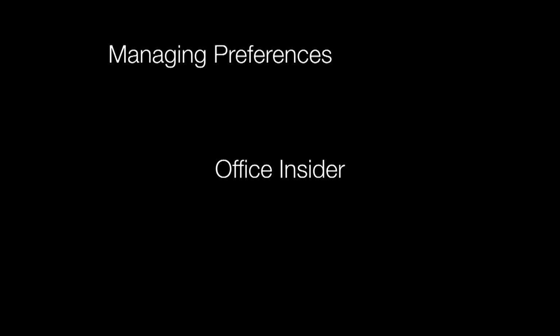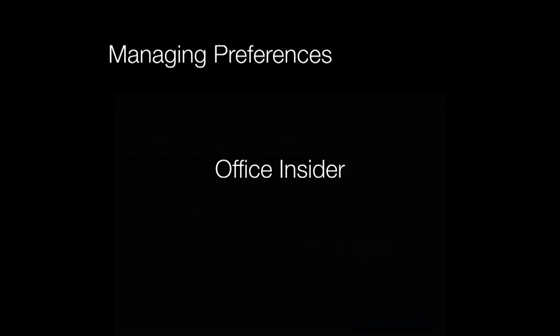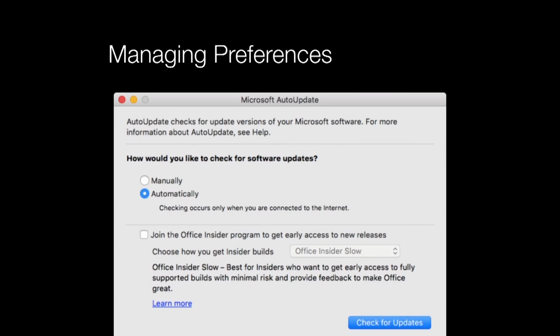So earlier we discussed the Office Insider program, and we saw that anyone could enable access to either Insider Slow or Insider Fast. Remember, Insider Fast is not for production, and you may decide that neither is Insider Slow. So in other words, you need to allow users the ability to update their software, but not allow them access to the Insider channels.